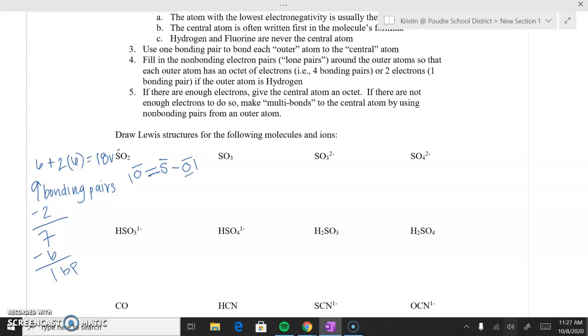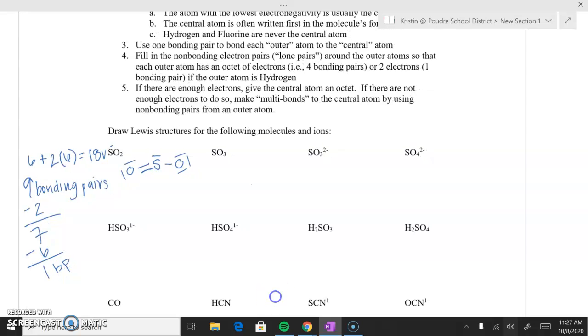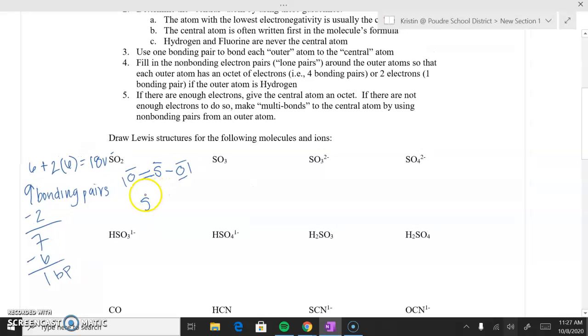You might be kind of wondering why I chose to do that on the left-hand oxygen. And the truth is it doesn't really matter which one you do it on. So we could also draw this as S double bonded to this oxygen, and then this oxygen on the left would have 3 non-bonding pairs.